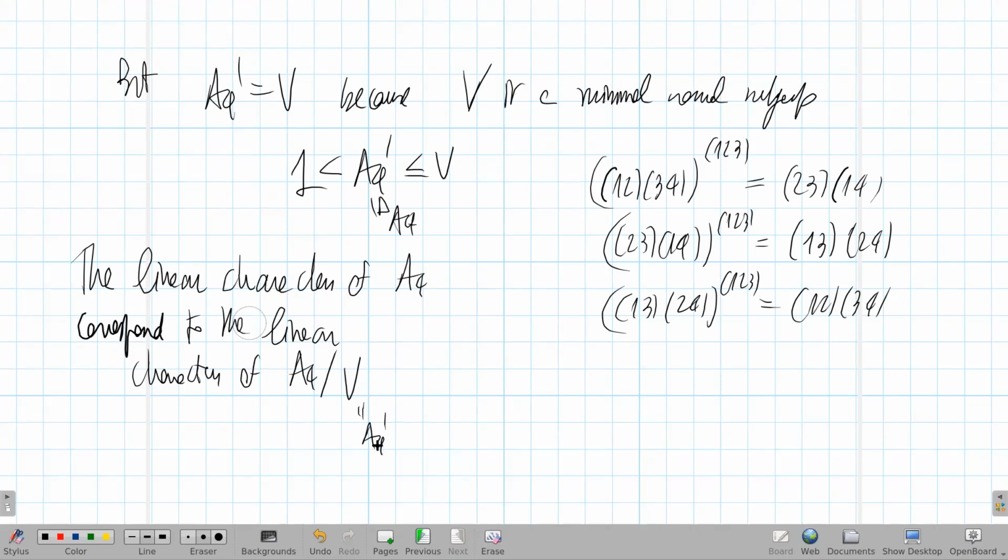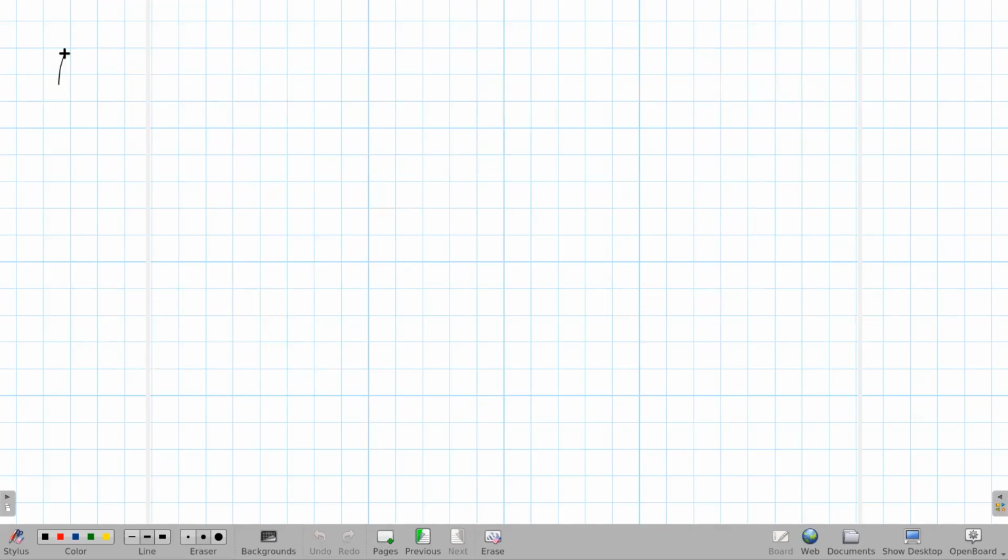So now we start constructing the character table. Okay, so the character table of A4.